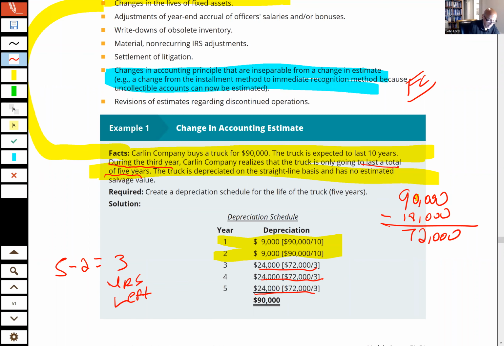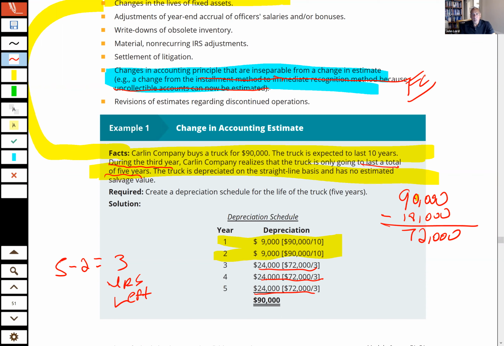Now this is annoying because we don't have the installment method anymore. So they should get rid of this example.